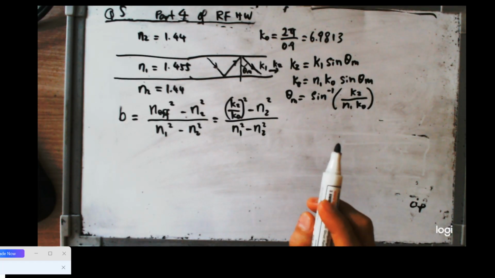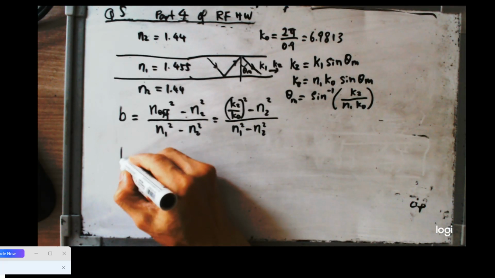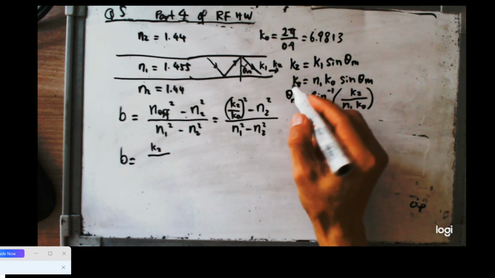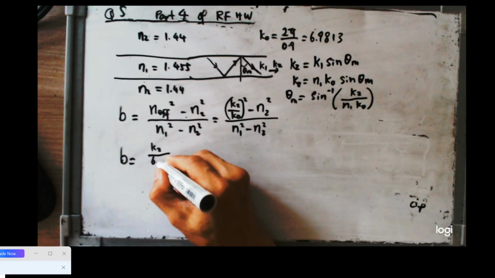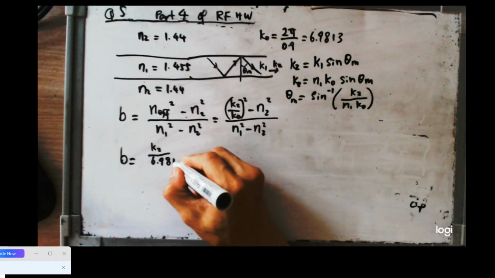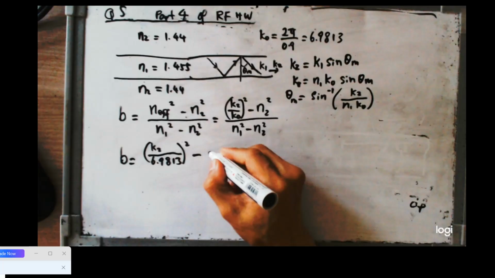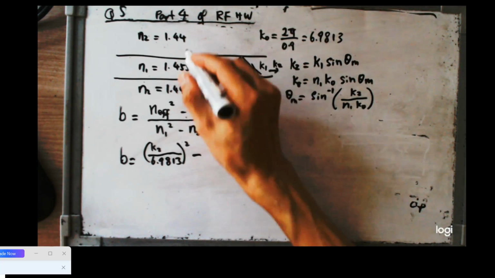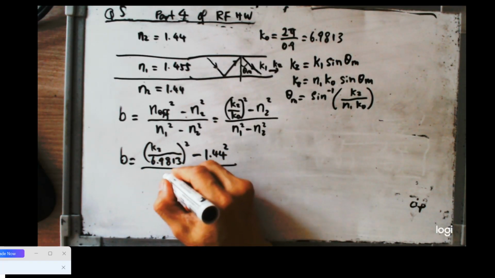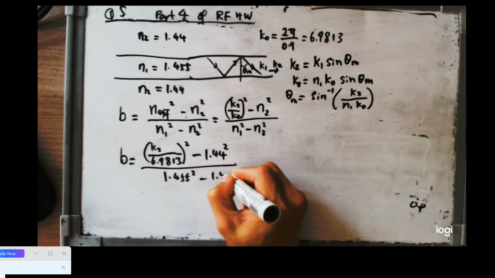So we substitute the value here, b, and then kz, and then 6.9813 squared minus n2 squared, 1.44 squared, and then 1.455 squared minus 1.44 squared.